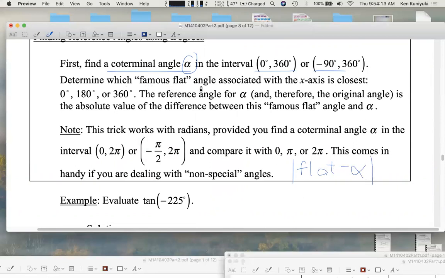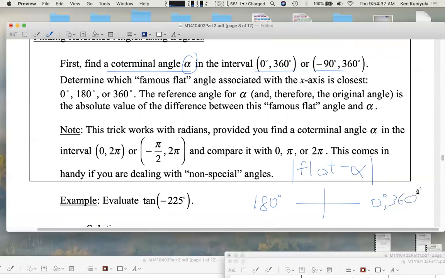Now, what do I mean by a famous flat angle? Okay, so the flat angles basically correspond to the x-axis. 0 degrees, over here, 180 degrees, back over here, 360 degrees.